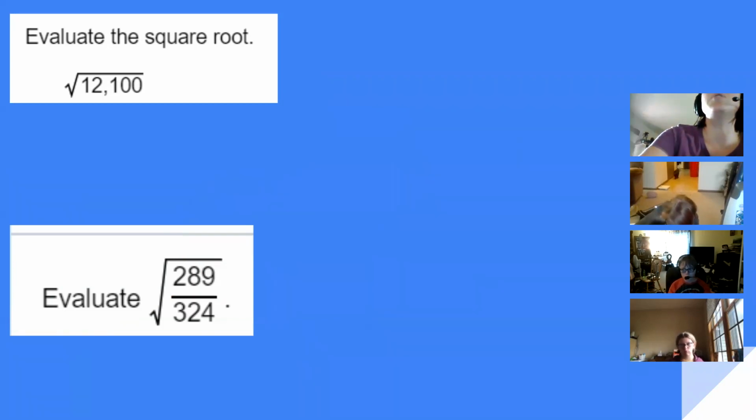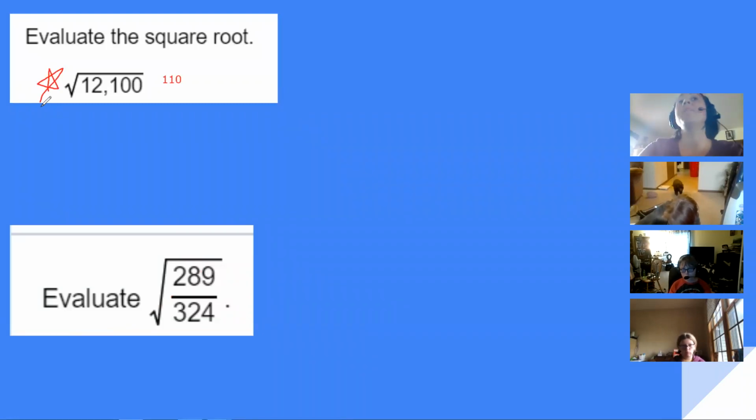It makes us think about 11, but the way the zeros work with square roots, it's a little weird. So in your head, I would think that just means 110, and then I would double check your thinking in a calculator.